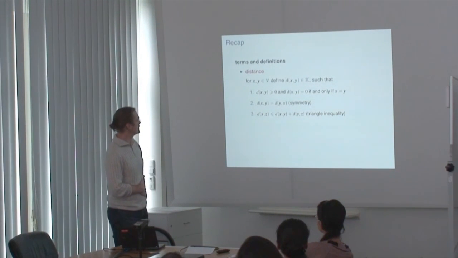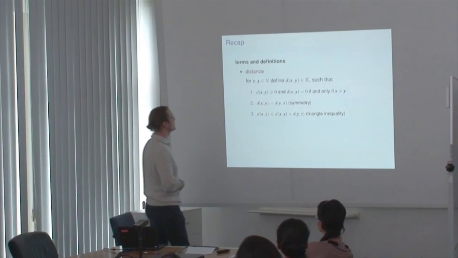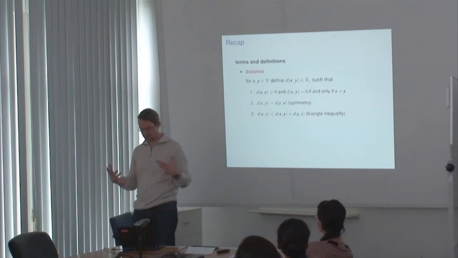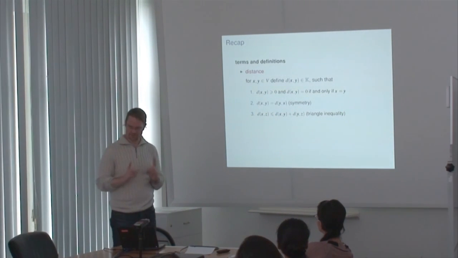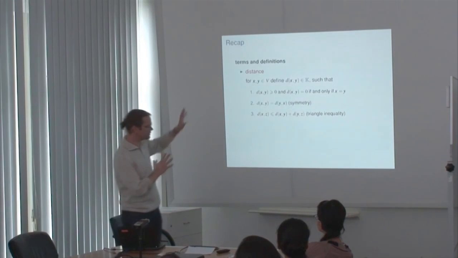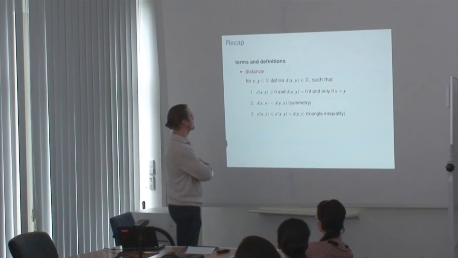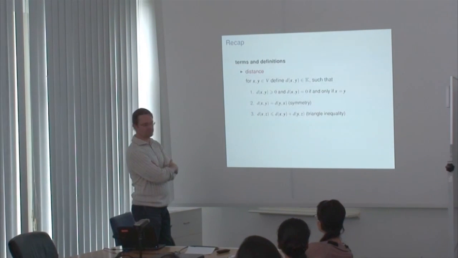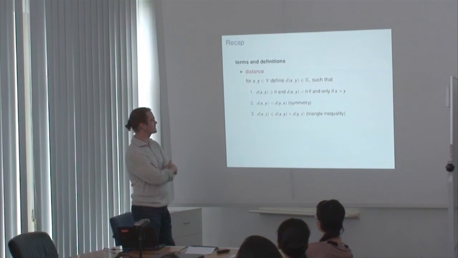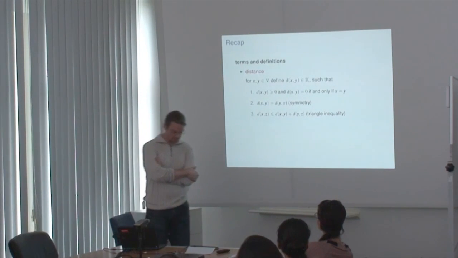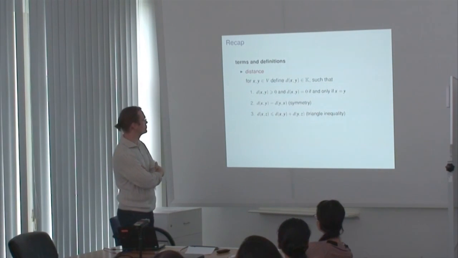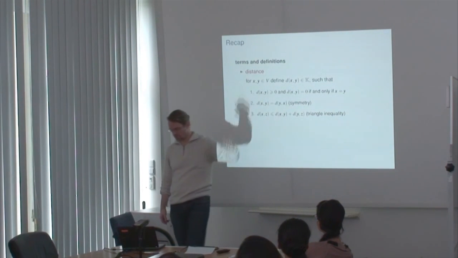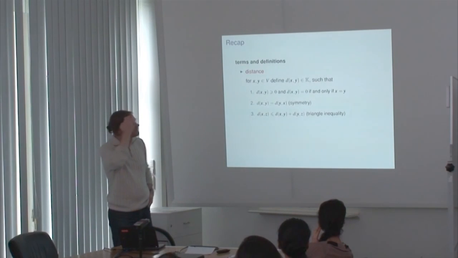In particular, we discussed that if we are considering elements, say, x and y in some vector space, and I am not specifying what kind of vector space, this is a very abstract discussion here, and we are able to define a function, let's call it d of x and y, which, if we compute it for x and y, produces a scalar in some field k. That can be the real numbers, that can be complex numbers, does not really matter.